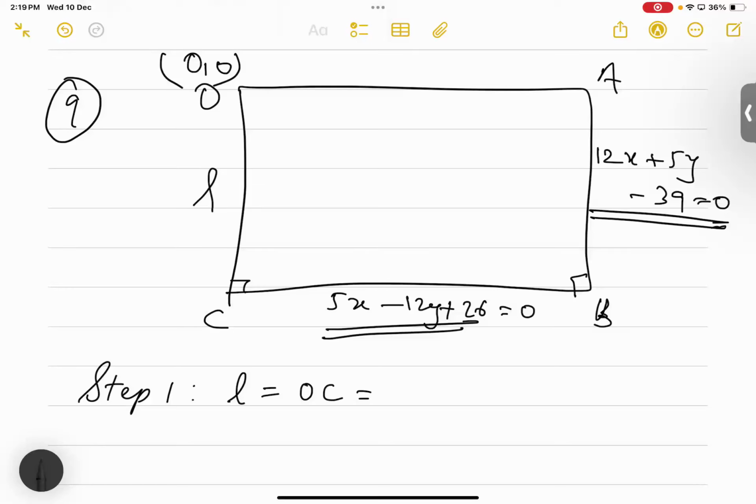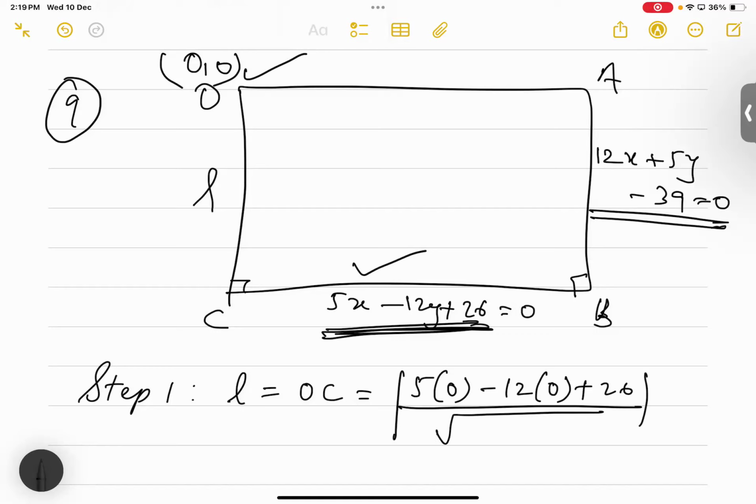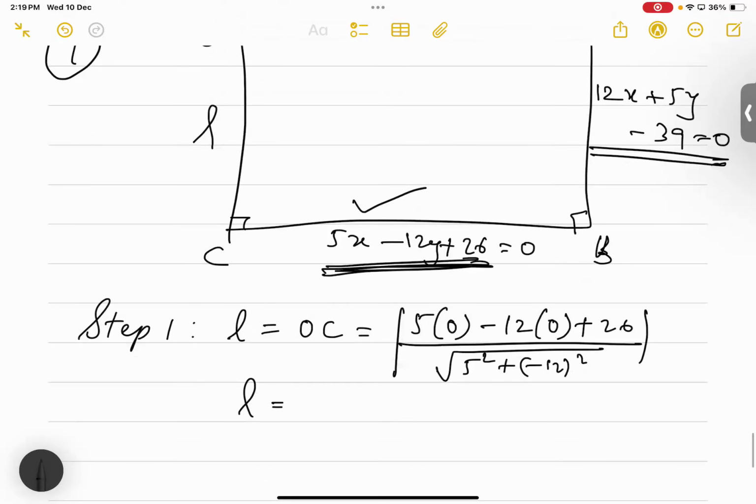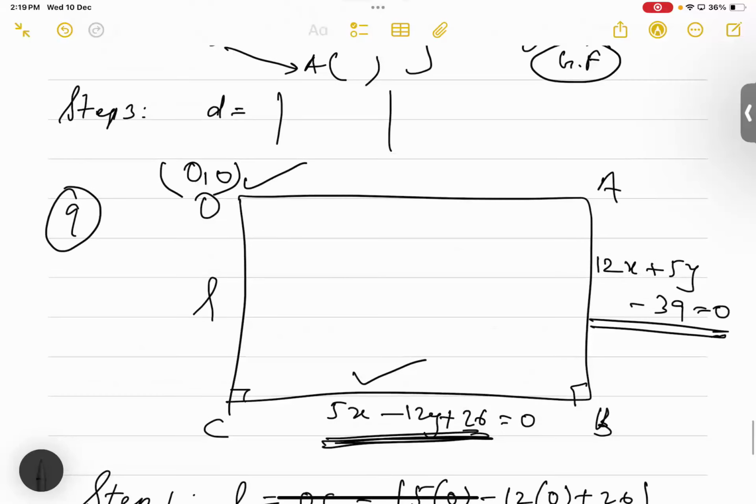Let L be the length of the rectangle. It is the distance between this origin and this line. Origin becomes x1, y1, and this line becomes ax plus by plus c. So a into 0, b into 0 plus 26 upon root of 5 square plus minus 12 square. So what is the length? 26 upon 13, which is equal to 2. Length is equal to 2.